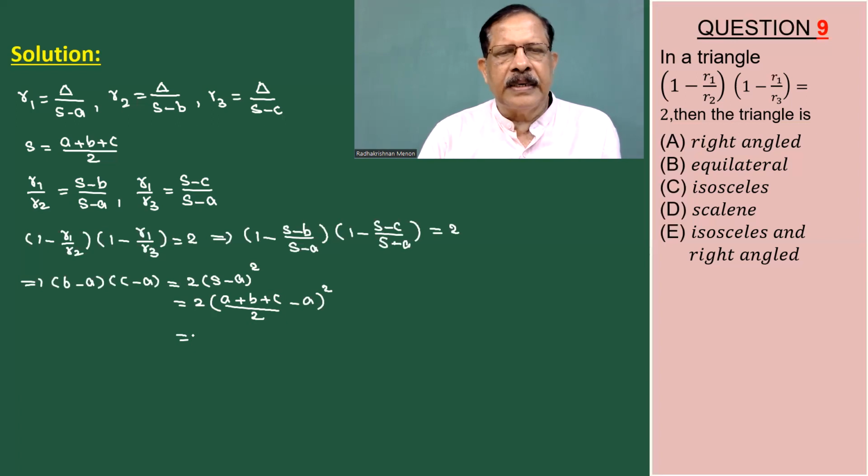You will be getting 1/2 into (B + C − A) the whole square.